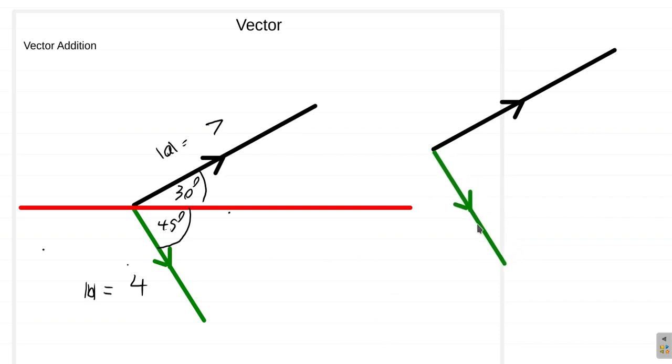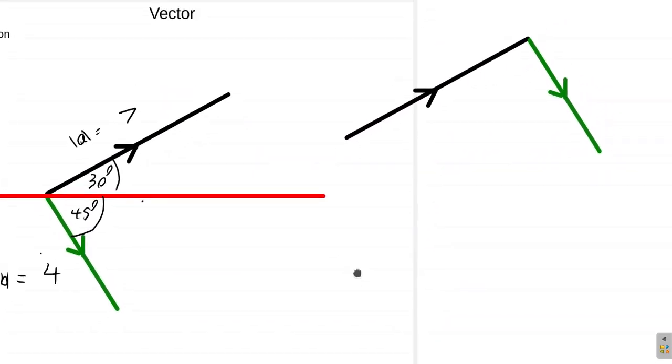With the triangle law, what you need to do is make the two vectors follow each other, nose to tail, around the triangle. But when you come back, you have an opposition.